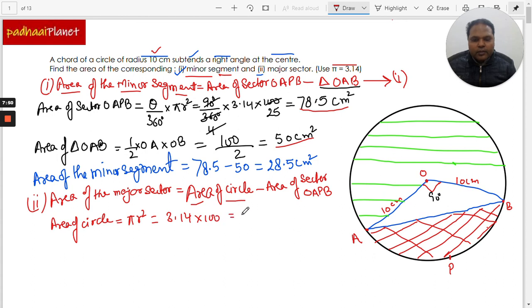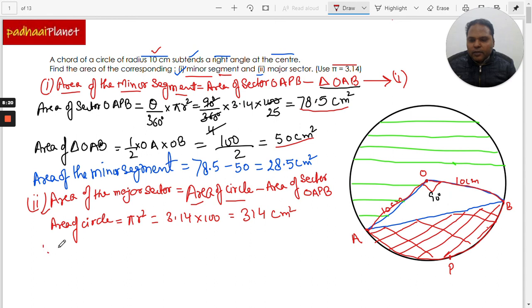So that makes it 314 square centimeter. Now that's the area of the entire circle, and from this we need to take off this entire area, that means the sector OAPB, right? So let's put these values now and we will get the answer.